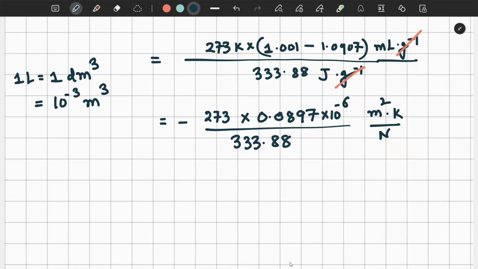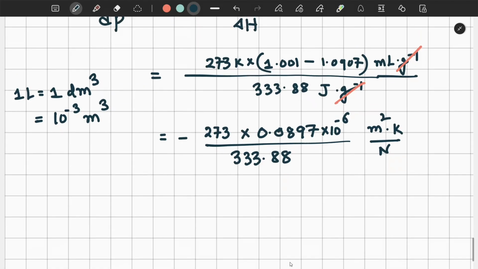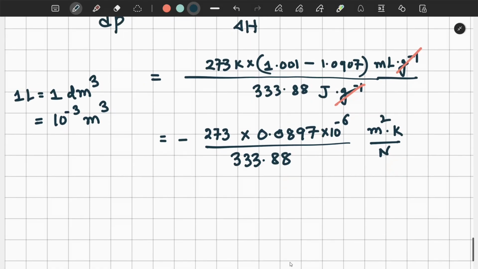How can you get that? Newton per meter square is pressure, but that is Pascal, not atm. So you need atm. Either you have to remember the relation between Newton per meter square, meaning Pascal, and atmosphere.